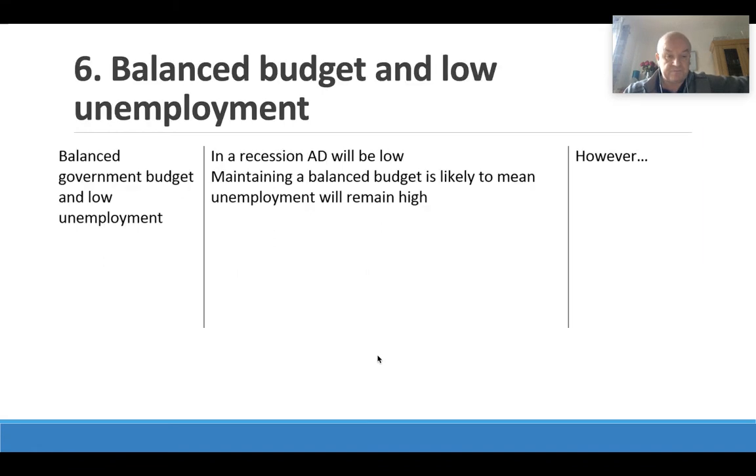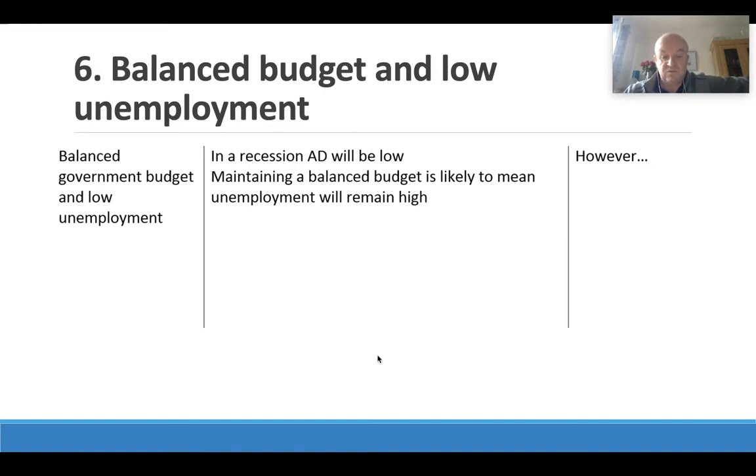A balanced budget and low unemployment. So in certain situations, clearly the government is trying to balance its budgets, but also it has a target of low unemployment. So in a recession, aggregate demand will be low.